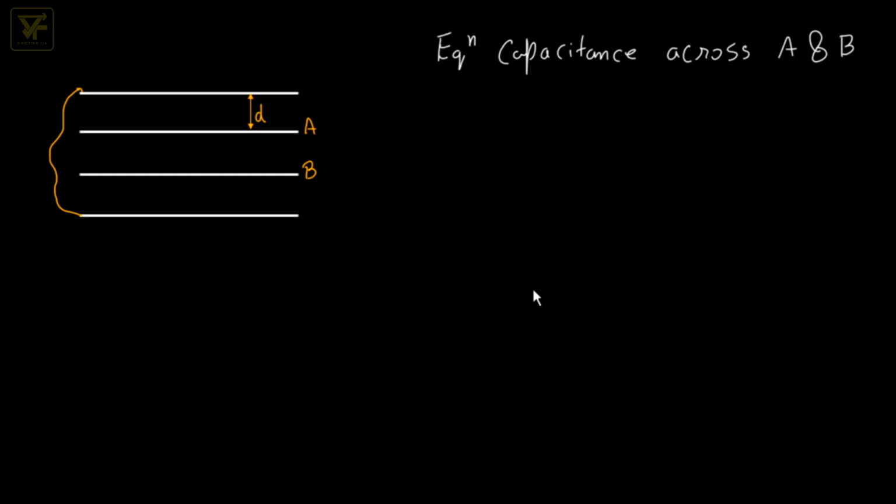Alright, let's solve this. To solve such kind of questions, what you need to make sure is you name the plates first. So if I name the plates, let me take a beautiful blue color, say 1, 2, 3 and 4. We have 4 plates. We want to find the equivalent across A and B. So what we need to do is take points 2 and 4 as A and B, because A is connected to 2 and B is connected to 4.